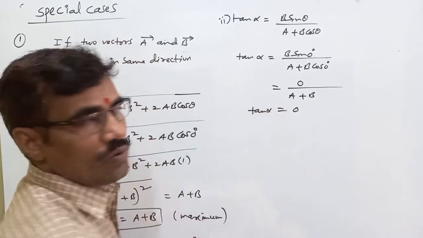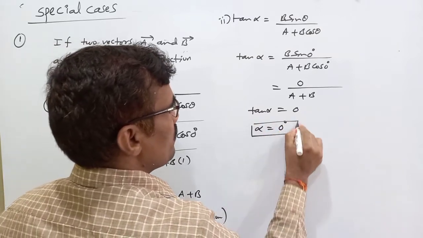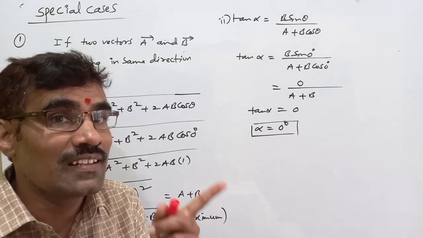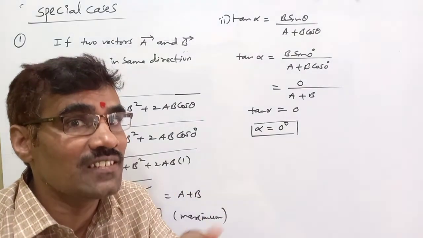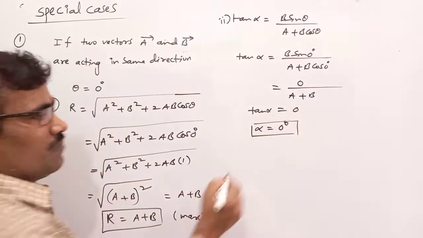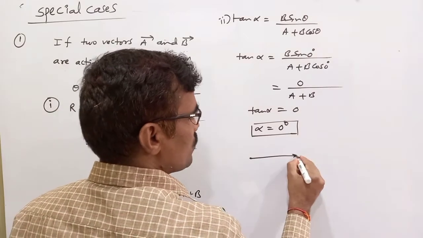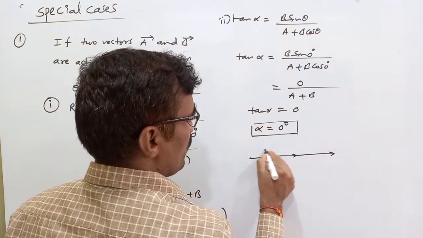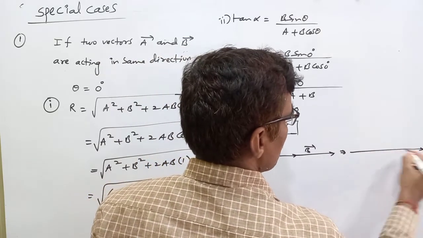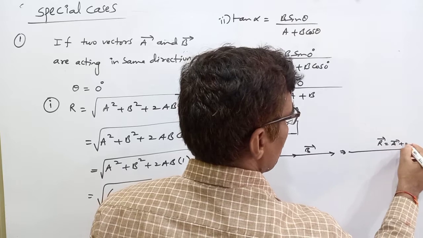Tan alpha is equal to 0, so alpha equals 0 degrees. That means the angle made by the resultant vector with A vector is 0. Suppose A vector this side and B vector also the same side, then A bar plus B bar is like this, and this is the R bar. R bar is equal to A bar plus B bar.